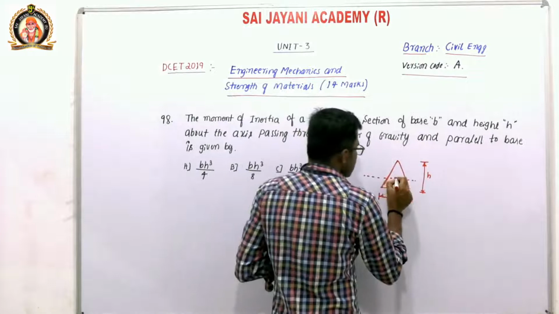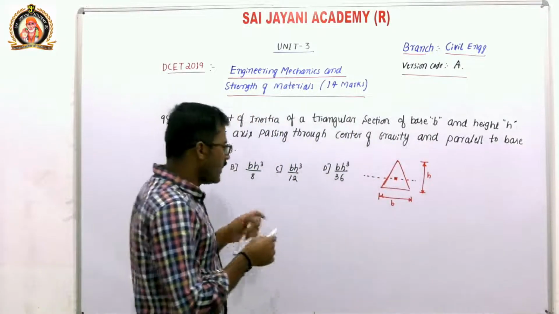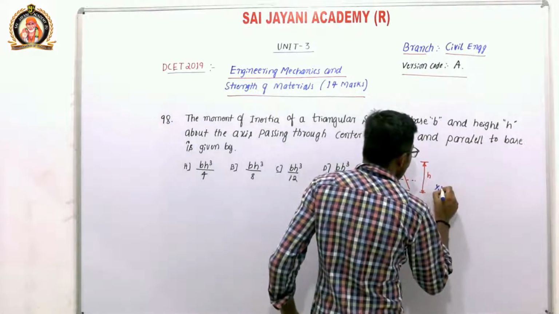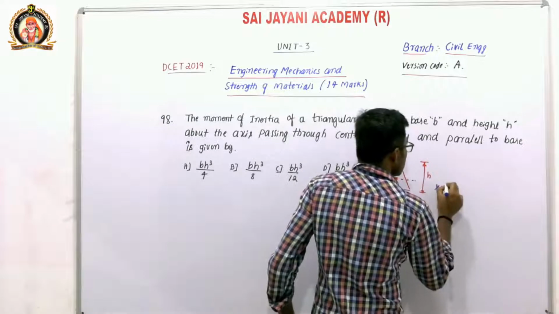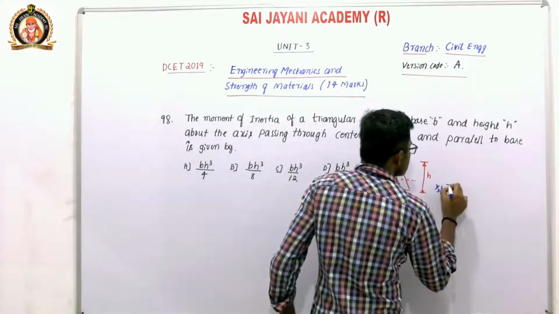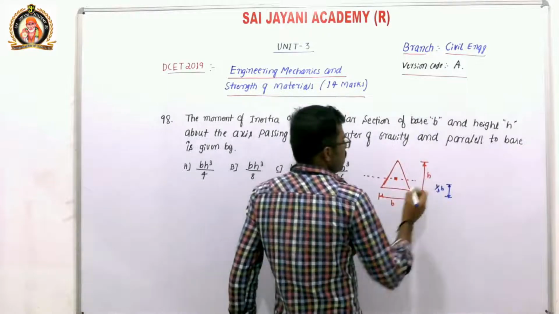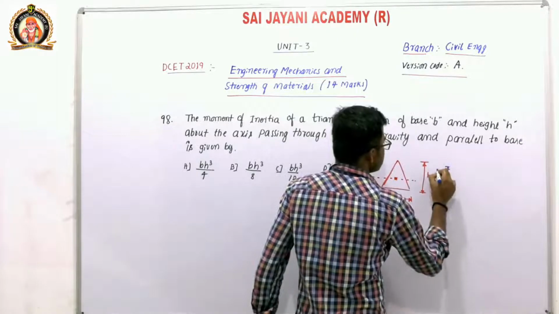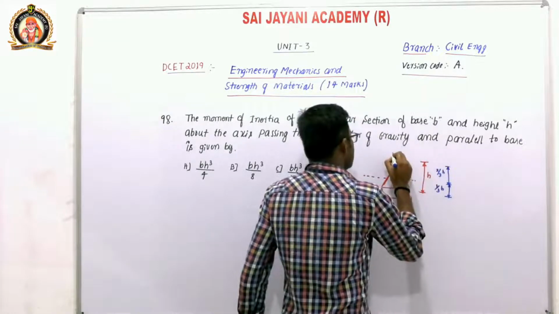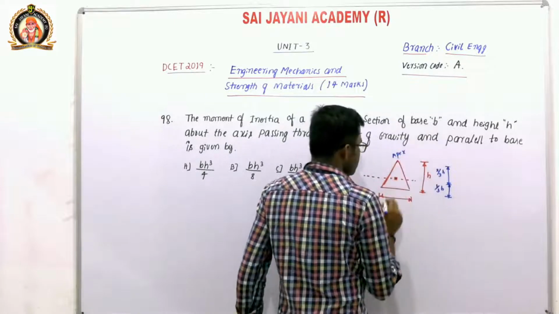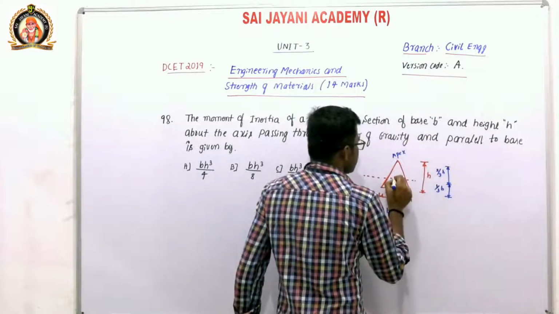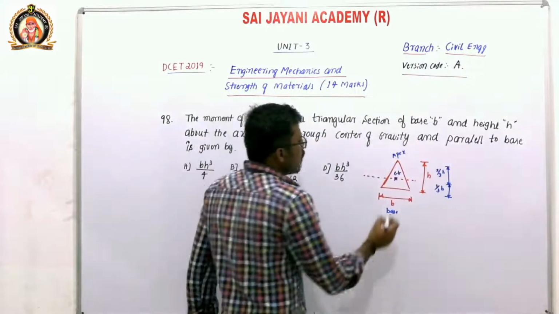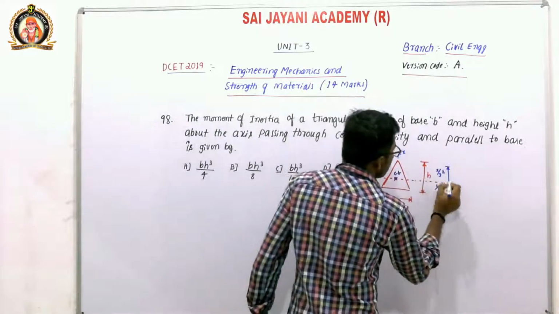We know that the center of gravity of a triangular section lies at a distance of 1/3 of its height from the base and 2/3 of its height from the apex. So the center of gravity of a triangular section always acts at a point 1/3 of its height from its base.